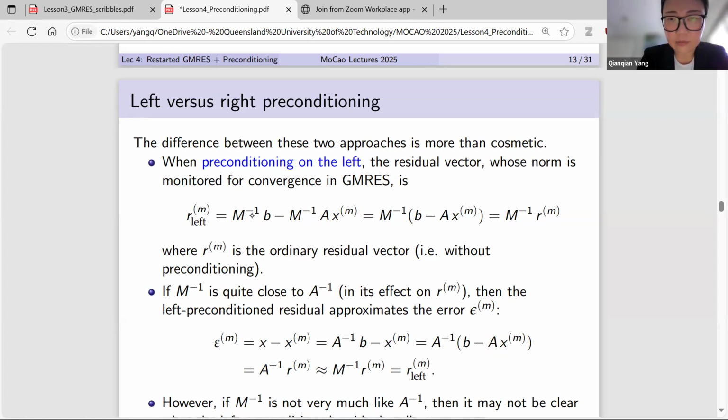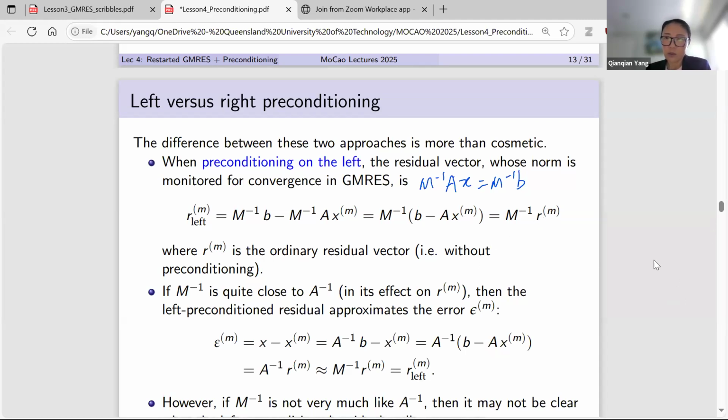On the left, you multiply M inverse on the left of A, so your system becomes M inverse A x = M inverse b. For this preconditioned system, the residual is M inverse b, the right-hand side vector, minus M inverse A times x, the approximate solution. Then you take M inverse outside, and inside the bracket you have b minus Ax. So this is the true residual. It equals M inverse times the true residual of the problem.